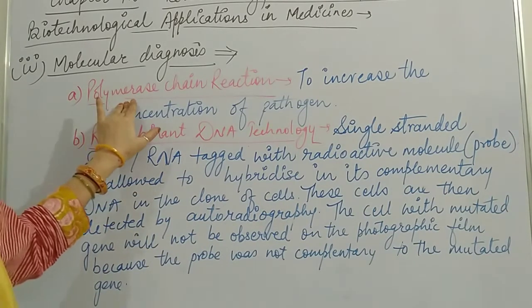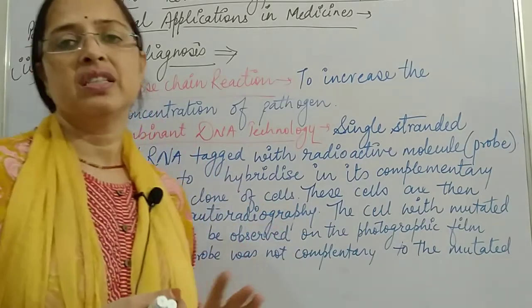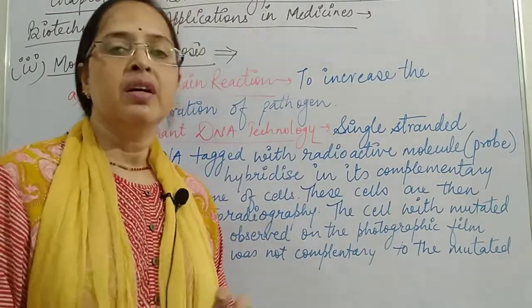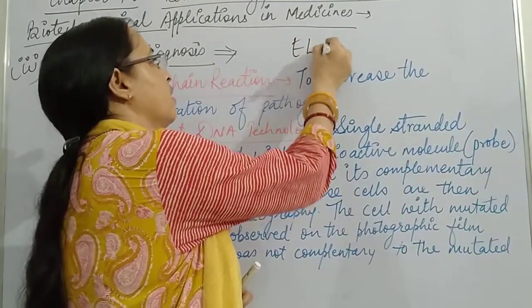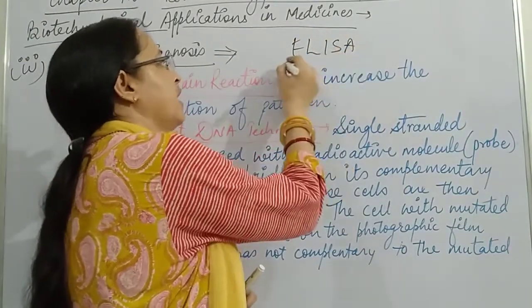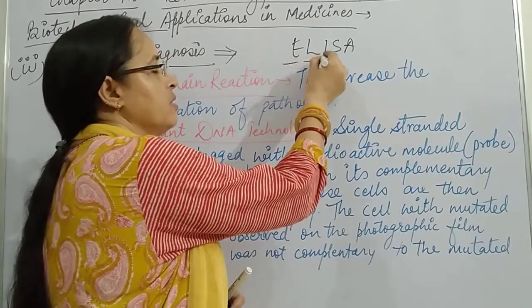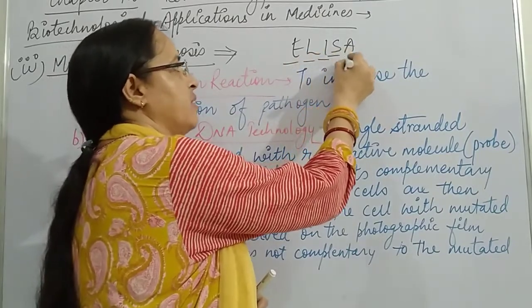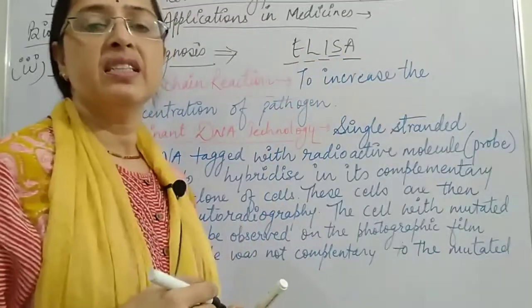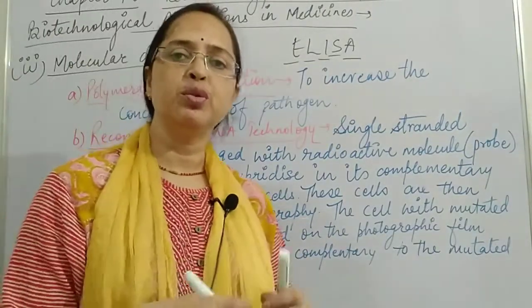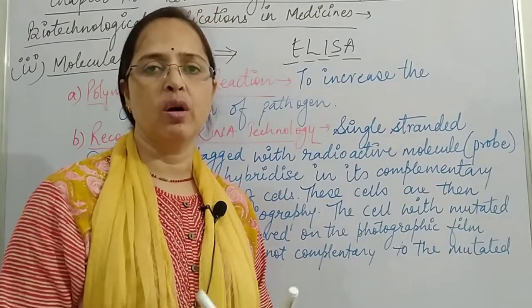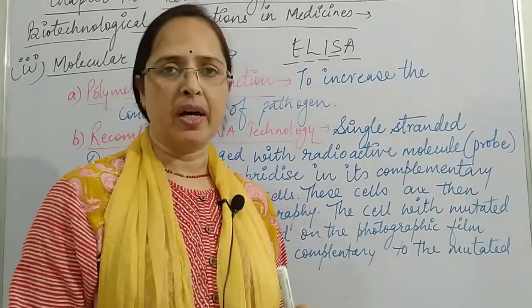The first one is polymerase chain reaction, and the third one is the ELISA test. ELISA: enzyme linked immunosorbent assay. This is done for antigen-antibody interaction, and it is usually done for the detection of the HIV virus.